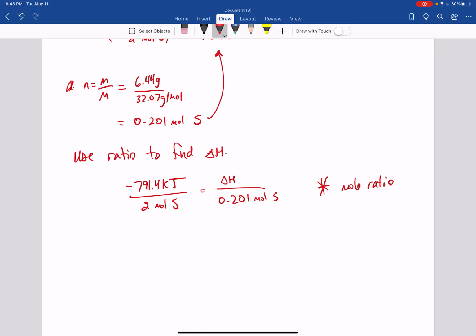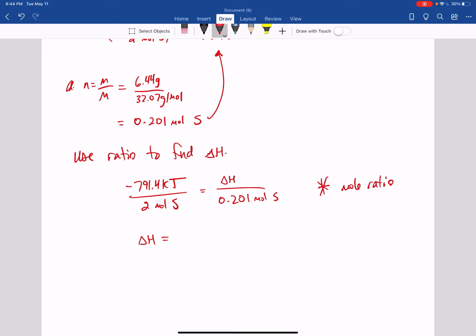It looks a little bit different than maybe what you remember from grade 11, but it's still comparing the number of moles to a property that can be determined. So if we cross multiply and isolate delta H, and pay attention to the units here, we'll take 791.4 times 0.201 divided by 2.